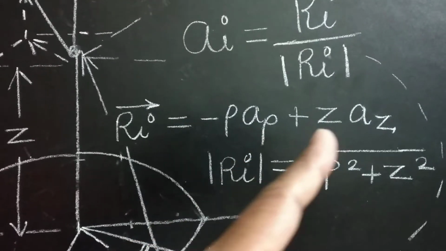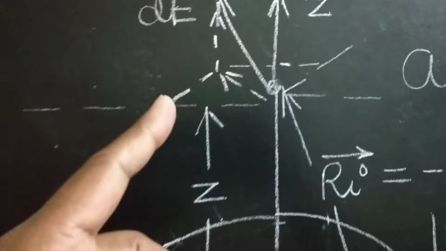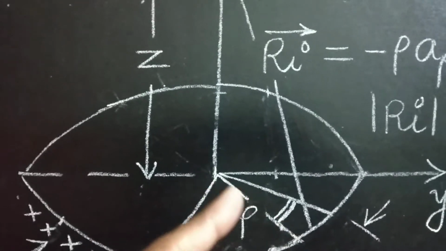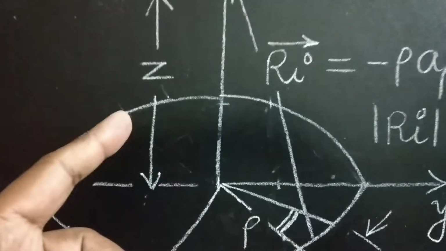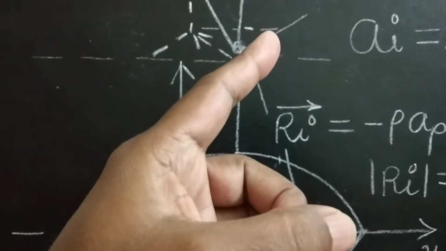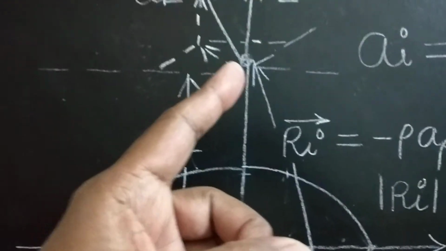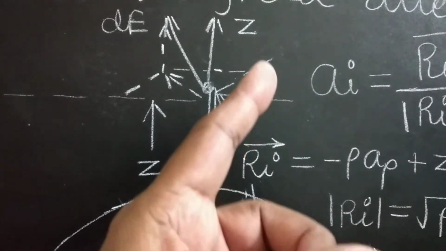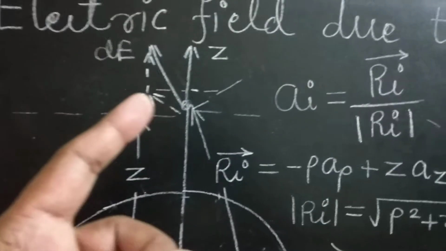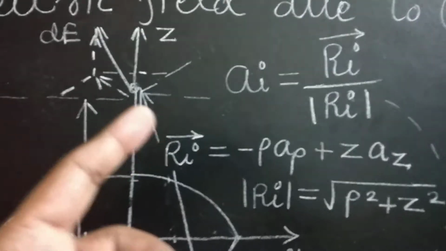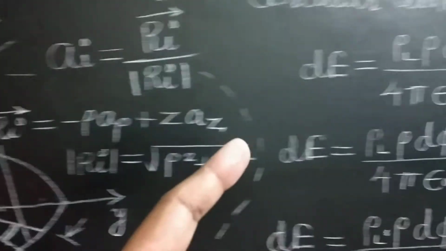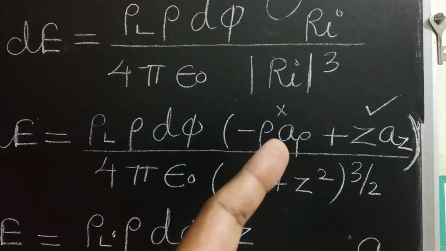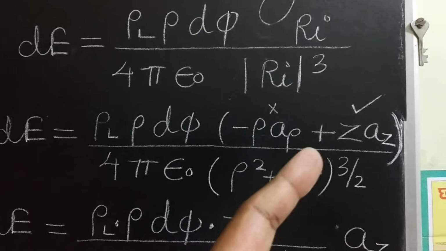Now, because this circular ring has equal and opposite portions, opposite to this will be this, and due to this we will have opposite vectors, which again have a radial component as well as a z component. Thus these radial components will be cancelled because of the presence of equal and opposite portions on the circular ring.